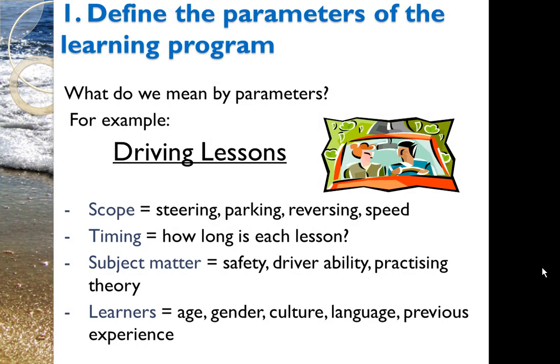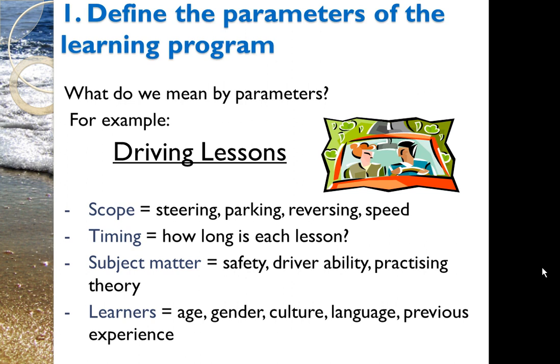If we use an example like driving lessons, for example, the scope might be the steering, the parking, the reversing, the speed control, and safety aspects, etc. The timing is how long is each lesson and how many lessons do we have to get the whole course across.